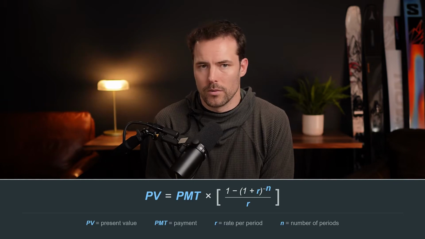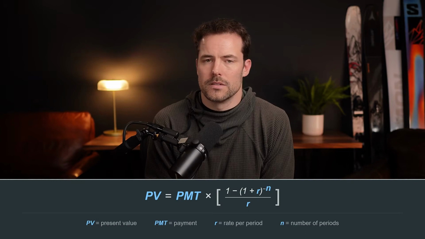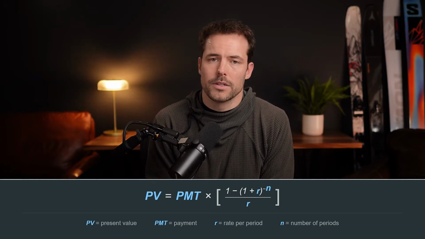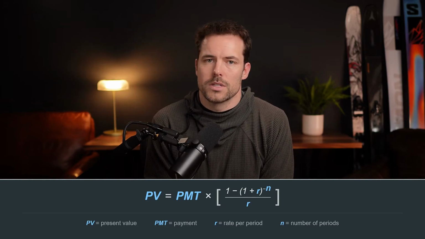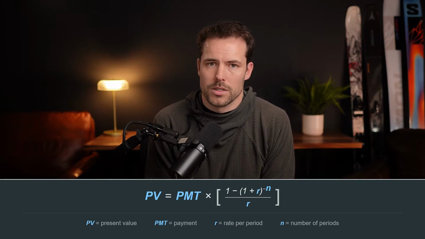Conceptually, however, this formula is simply a shortcut for the same discounting logic we've already applied. And in practice, you're unlikely to write out these formulas manually. Instead, you'll rely on Excel or another time value of money calculator. And in this series, our focus remains on understanding the mechanics rather than memorizing equations like this closed form formula.